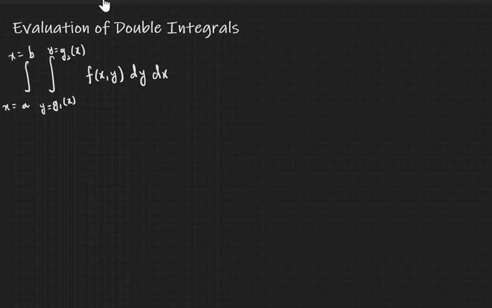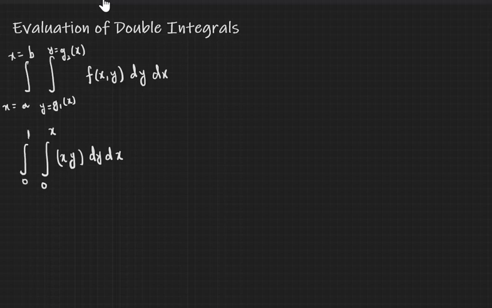Taking this particular example, we want to integrate the function, let's say, x times y with respect to y from 0 to x, and then with respect to x from 0 to 1.